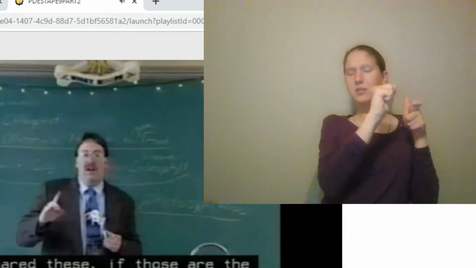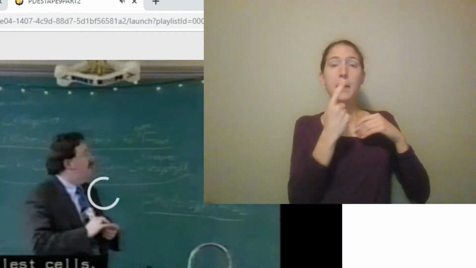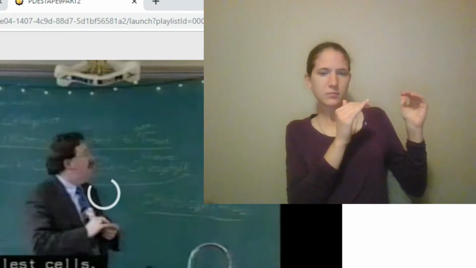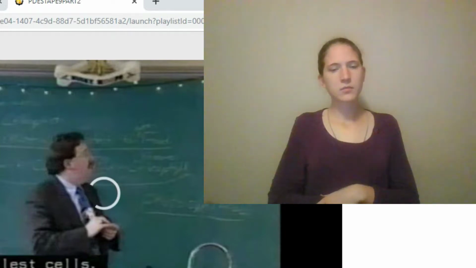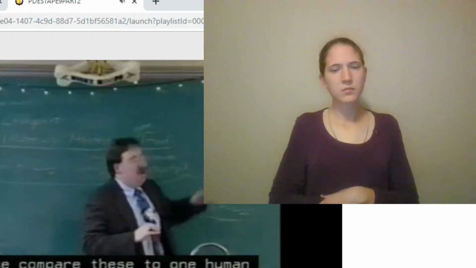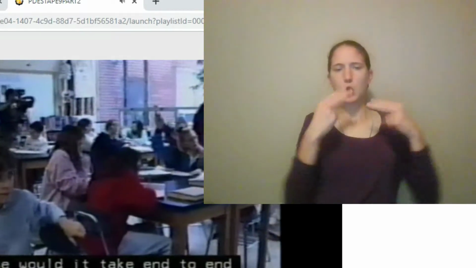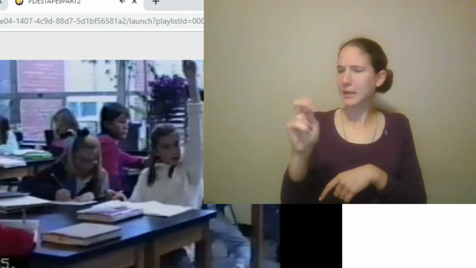If we compare these to one human red blood cell, how many of these would it take end to end to go the length of one human red blood cell? Brendan? 35. Okay, so you can see they're incredibly small. Incredibly small.